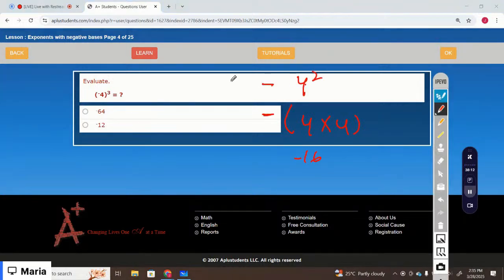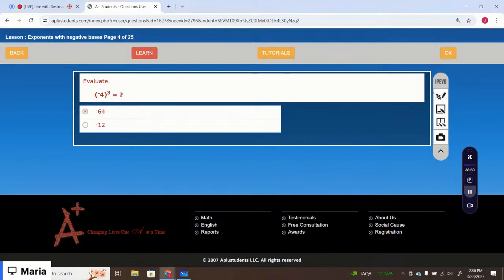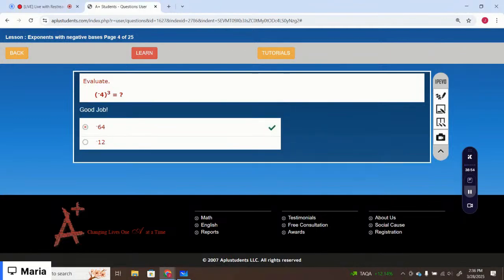Negative 4 cubed. Now the negative 4 is part of the cube. You have to do negative 4 times negative 4 times negative 4. That is negative 64. Option number 1 is the correct option. That is negative 64.